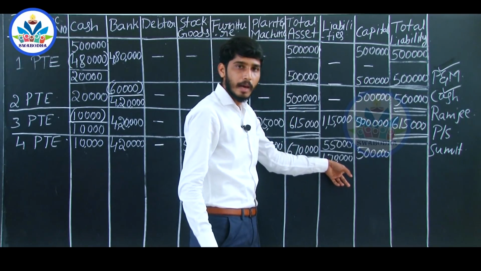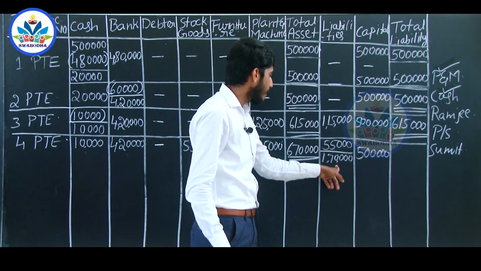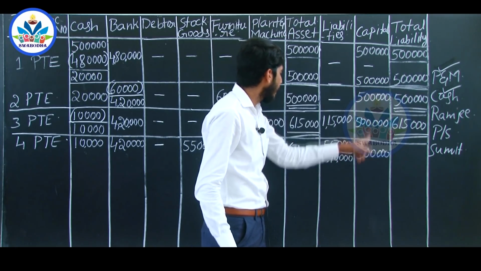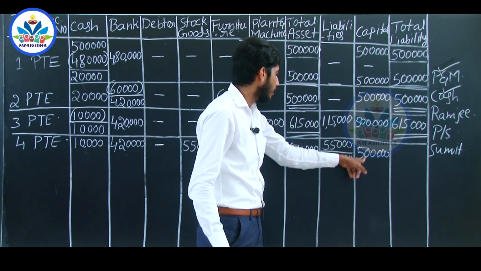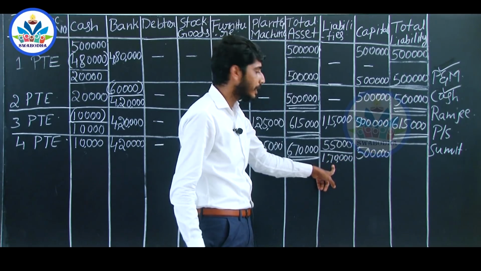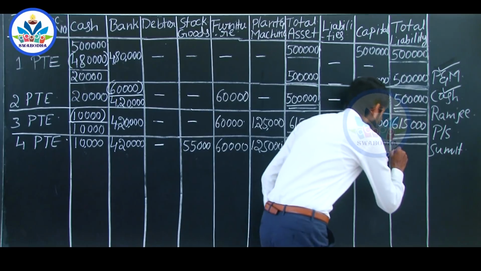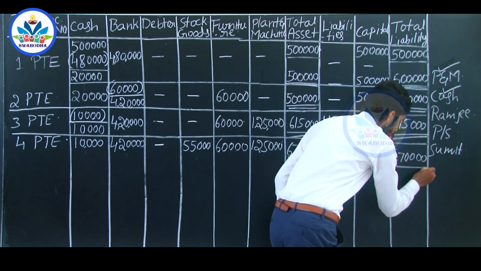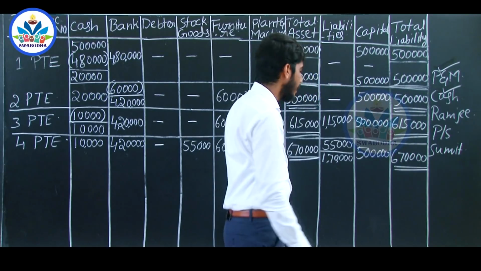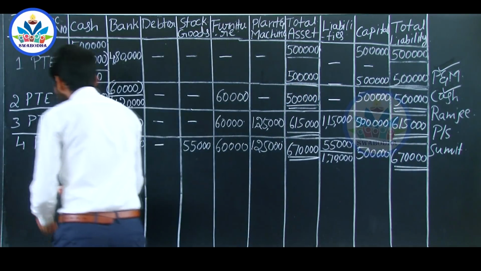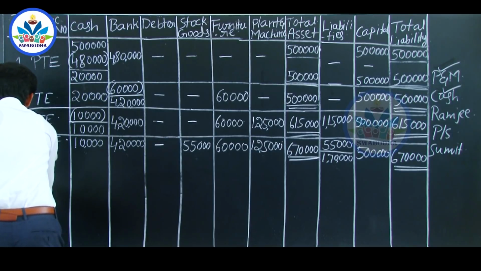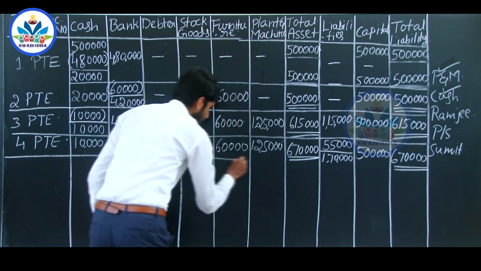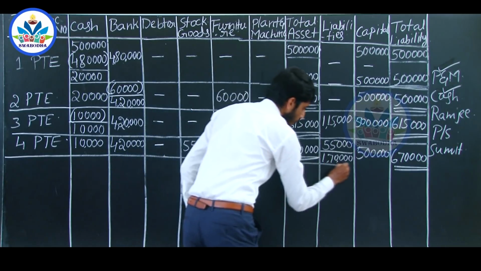Now, coming to the liabilities side, 1,70,000 of the liabilities and 5 lakh rupees as capital, 5 lakh plus 1,70,000, 6,70,000. So, again capital side is also 6,70,000, it is equal. So, after taking into account the transaction, the accounting equation.